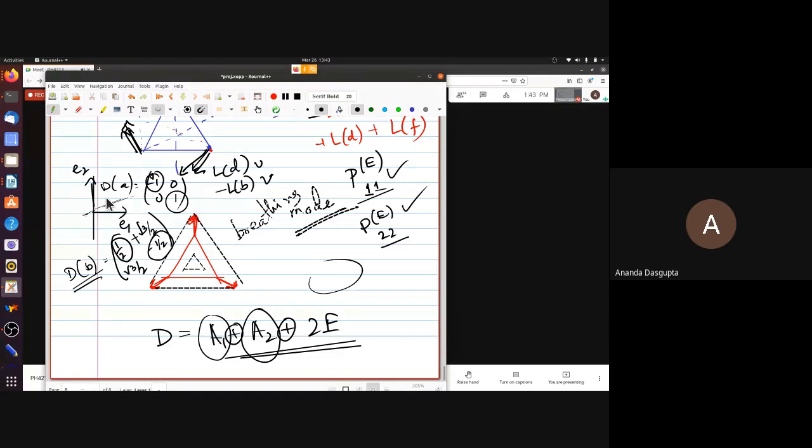Okay, that information is fine, but then the question is which ones are exactly those vectors? This information only tells you that there is a vector which will not change under E, A, B, C, D, F. The fact that there is an A2 in the representation tells you that there will be a vector which will not change when you rotate, but it will change when you reflect.